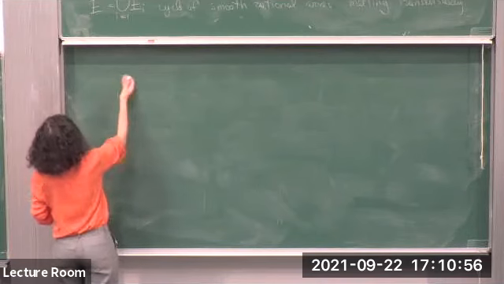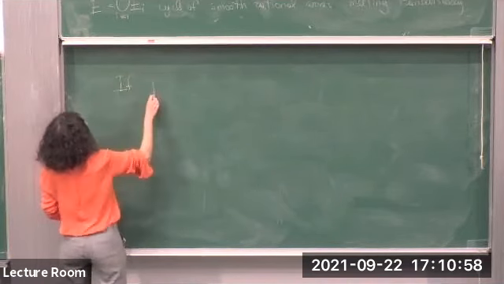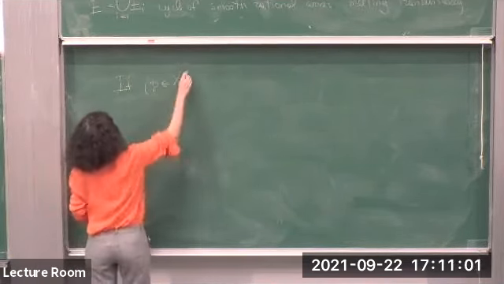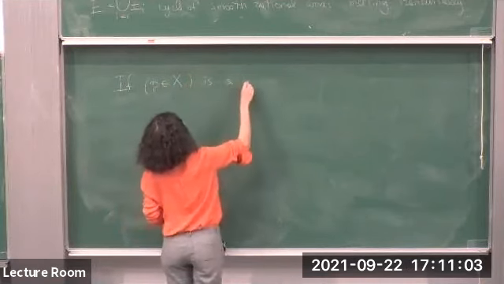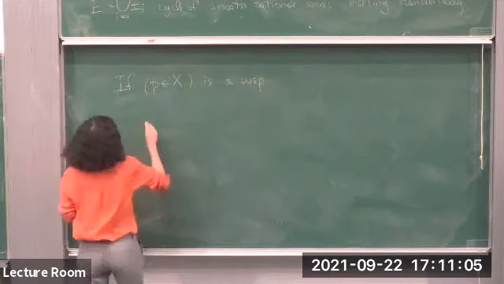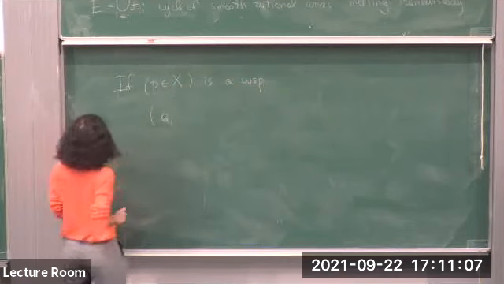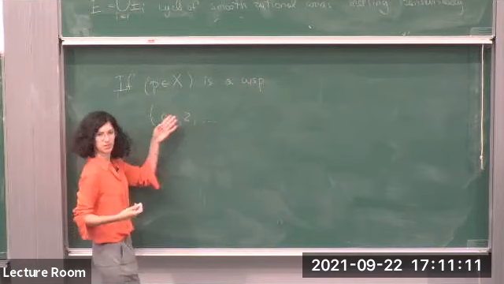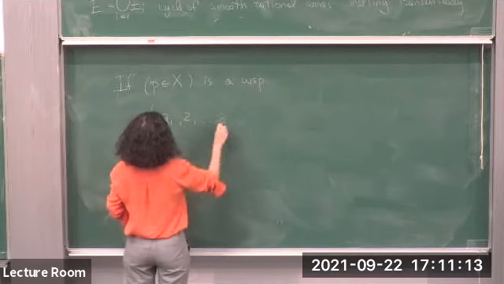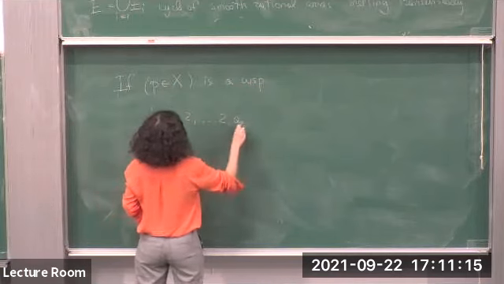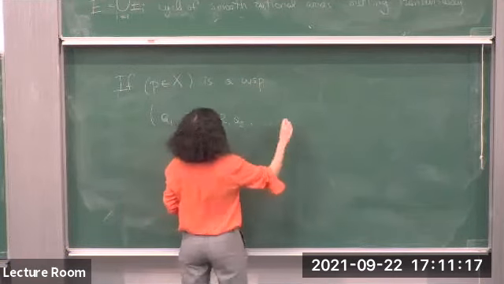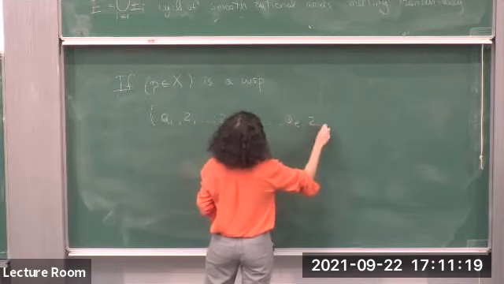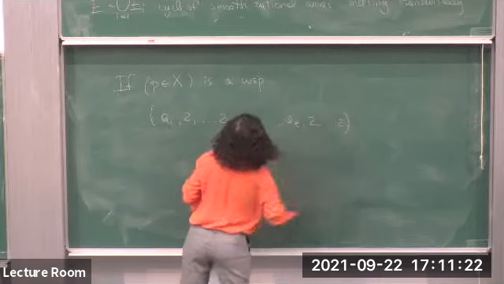If P in X is a cusp with cycle of integers A1, and then possibly some 2s, and then A2, all the way to AL, and then a bunch of 2s.